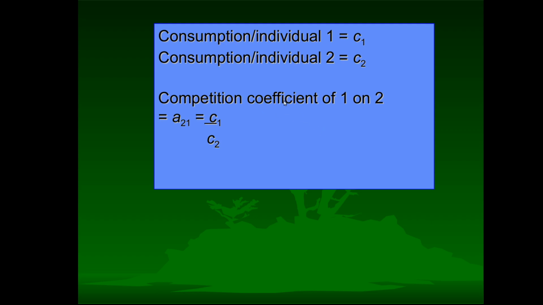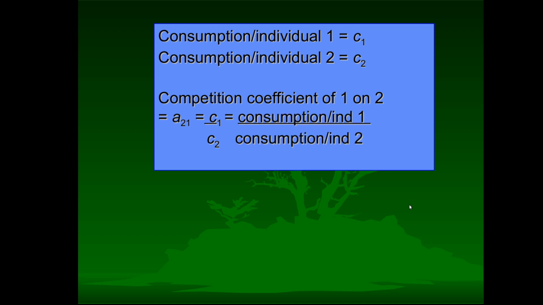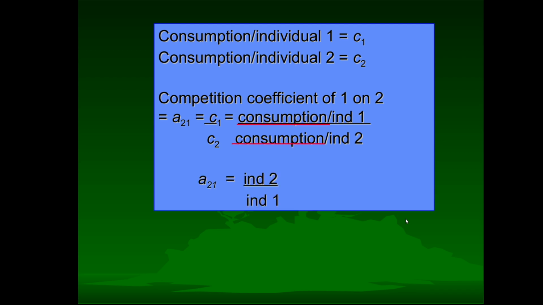So the competition coefficient of 1 on 2 is just the ratio of these two, which is consumption per individual of 1 divided by consumption per individual of 2 on species 2's resource. Resource units cancel out, and we get individuals of 2 divided by individuals of 1 relative to species 2's limiting resource.